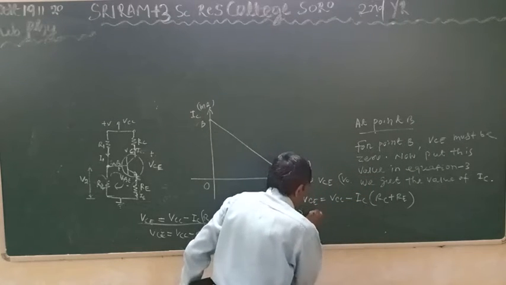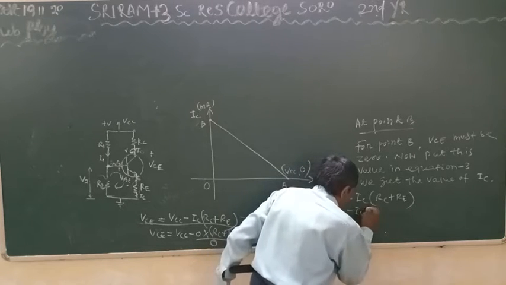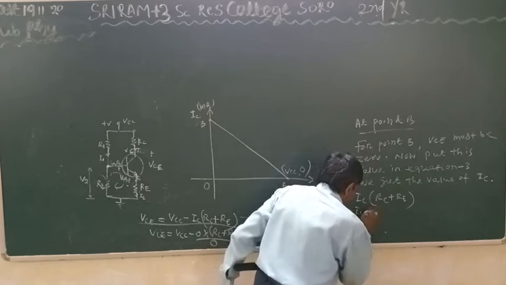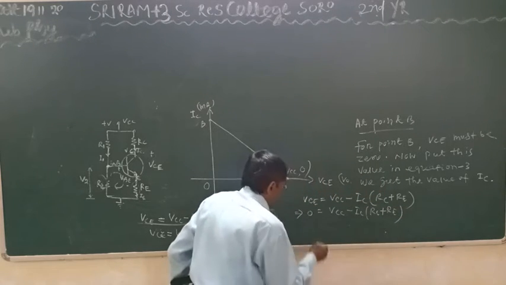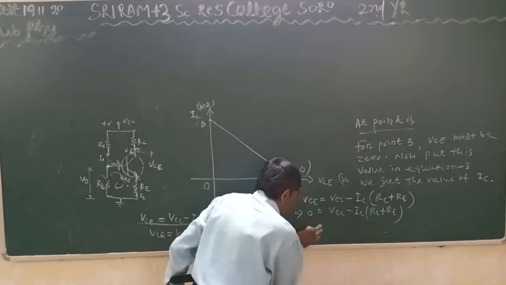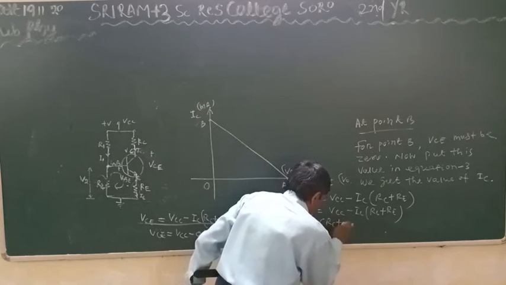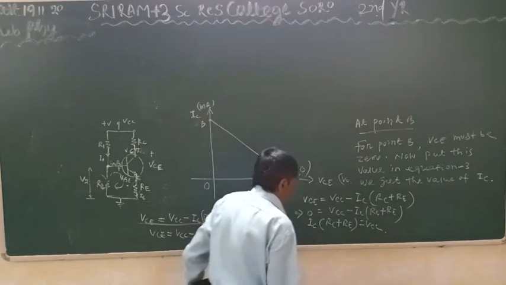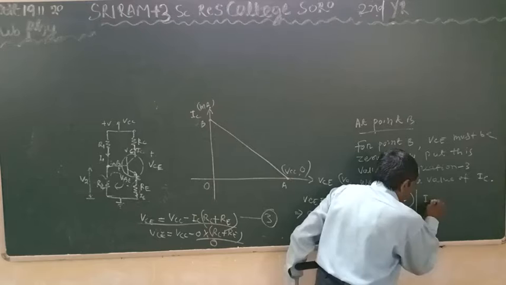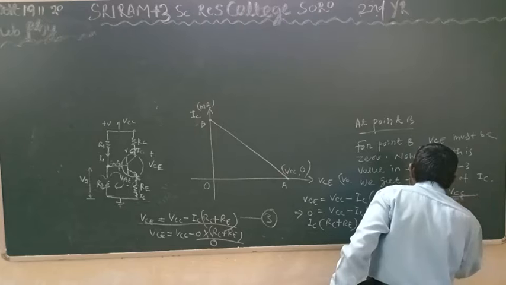So VCE is 0, now equal to VCC minus IC into (RC plus RE). Now IC into (RC plus RE) equal to VCC. So here the collector current IC equal to VCC by (RC plus RE).